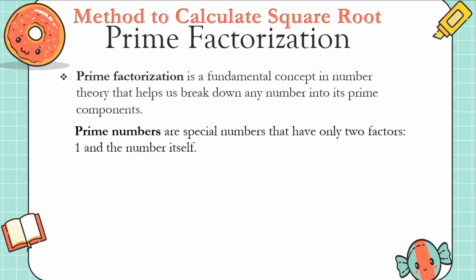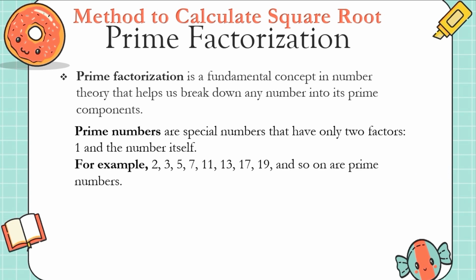Prime numbers are special numbers that have only two factors, 1 and the number itself. In other words, they cannot be divided evenly by any other numbers. For example, 2, 3, 5, 7, 11, 13, 17, 19, and so on are prime numbers.